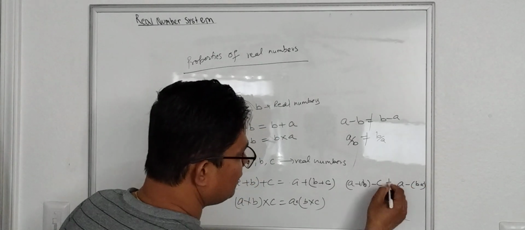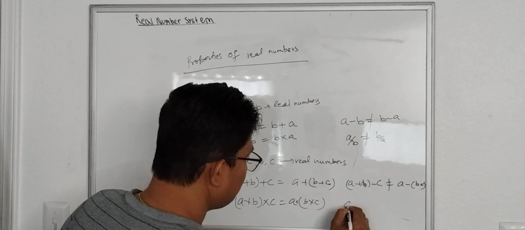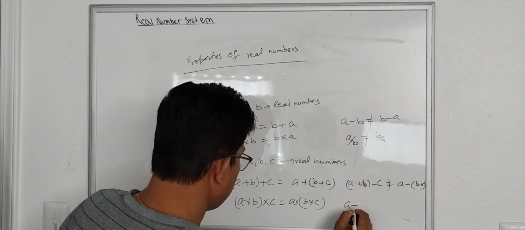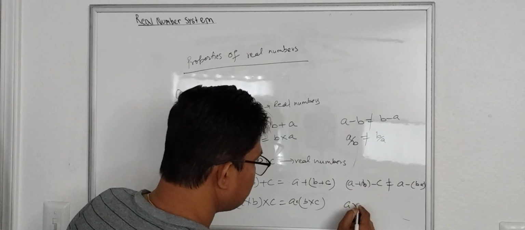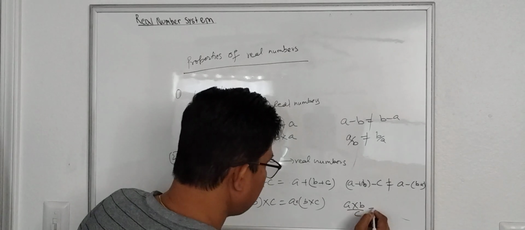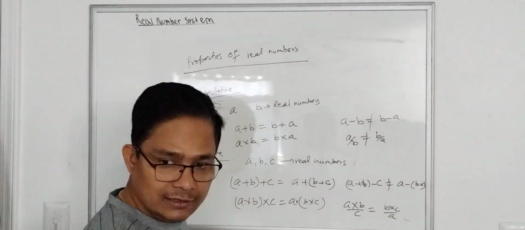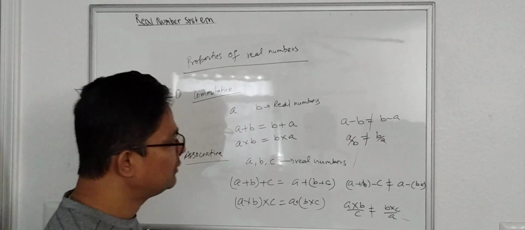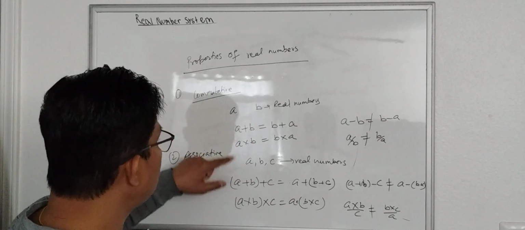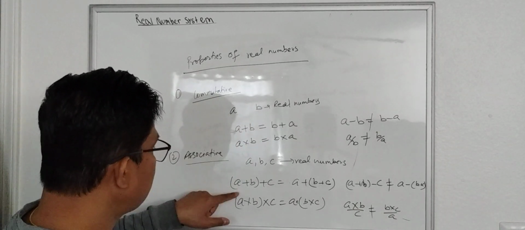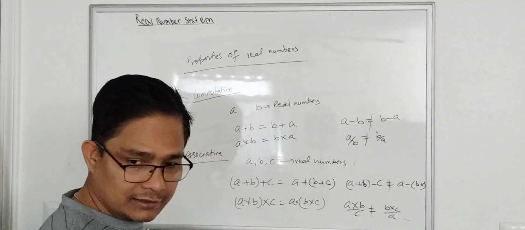No, you cannot say that. Similarly here, A times B divided by C is equal to B times C divided by A. Can you say that? No. So this is only for the addition and multiplication.